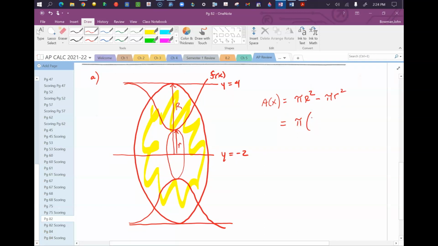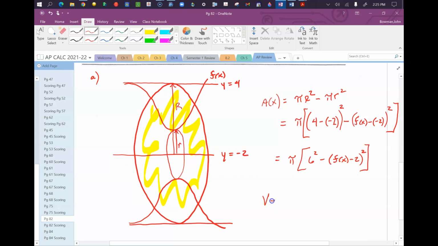Big R is going to be 4 minus -2, or 6 squared, minus little r, which is f of x minus -2 quantity squared. So we're going to do a little bit of simplifying here. This is going to be pi times 6 squared minus f of x plus 2 quantity squared.